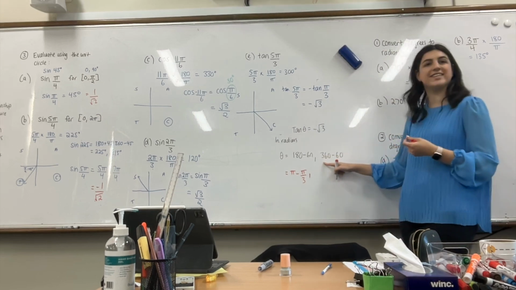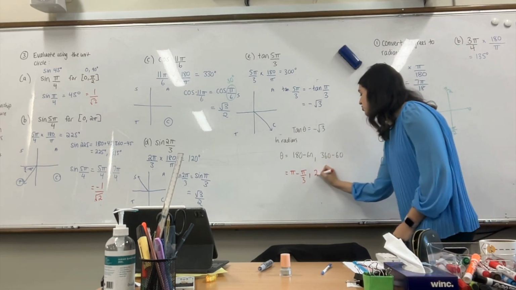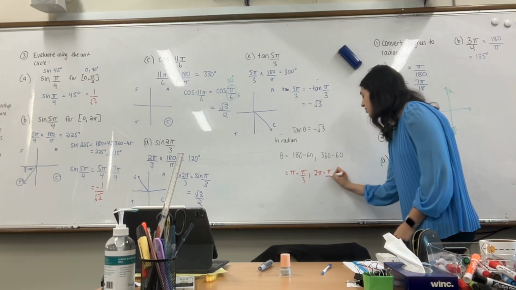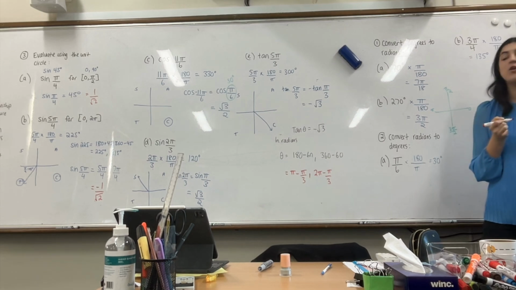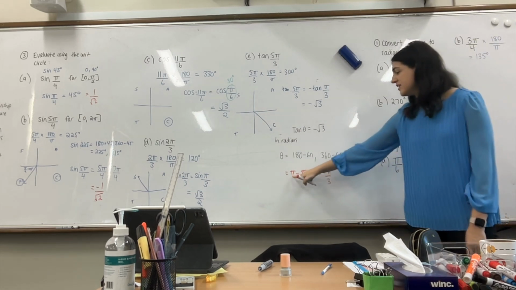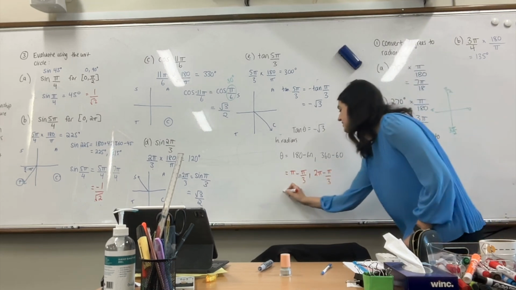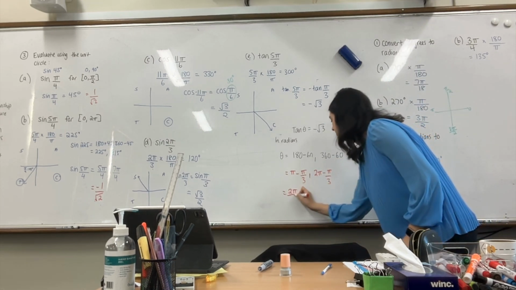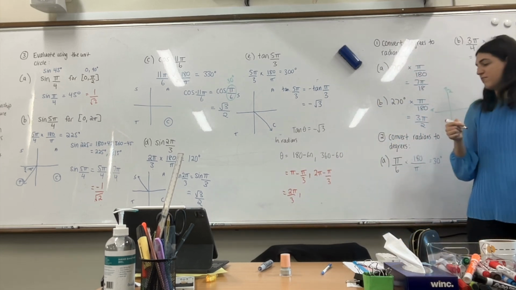So here, what's 360 in radians? 2 pi. Good, so it's 2 pi, take away pi on 3. Then really all you need to do is, it's going to be 2 pi on 3 for your first answer. And then for your next answer, it's going to be 5 pi on 3.